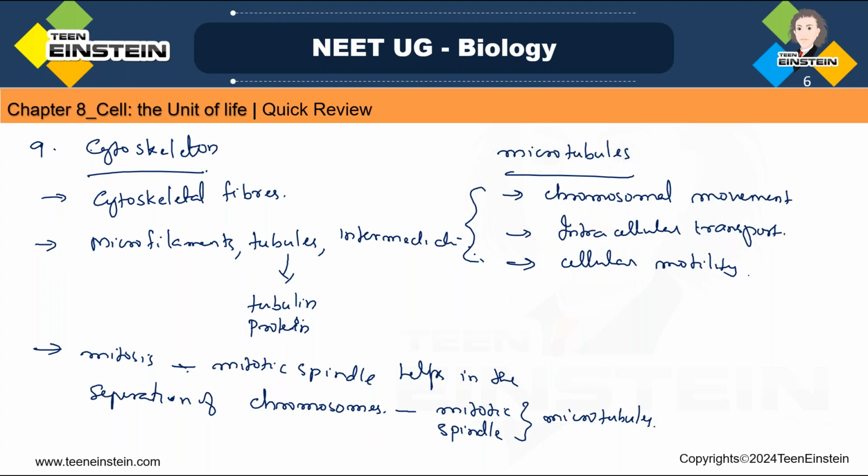The mitotic spindle, which helps in the separation of chromosomes, is made up of tubulin protein or microtubules. And they have some more functions like cellular motility, intracellular transport, chromosomal movement. For all these, microtubules are helping.